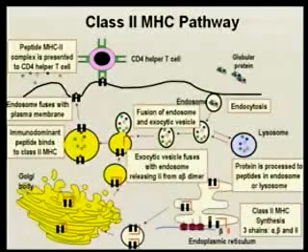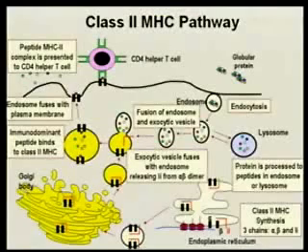Now what happens is that many of the APCs are able to endocytose these different proteins. So basically they'll gobble up the proteins. Once they bring them into the intracellular space in what is called an endosome, the endosome can interact with the lysosome, which creates a situation in which these peptides can be degraded.